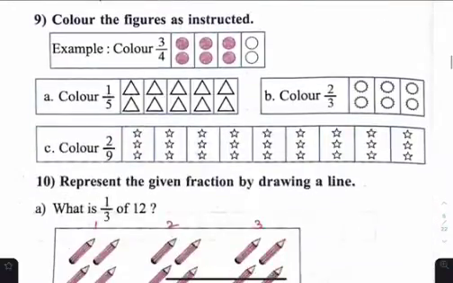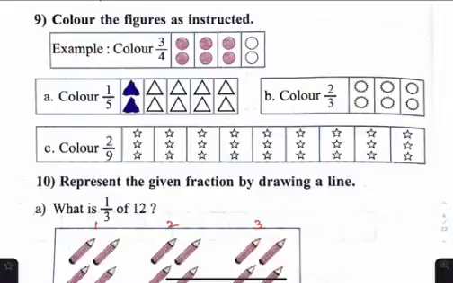Now moving on, 9th problem. Now for the first one, I am supposed to color 1 by 5. If you observe, we have 5 groups or 5 segments. The whole group is divided into 5 segments. In that I am supposed to color only one part.